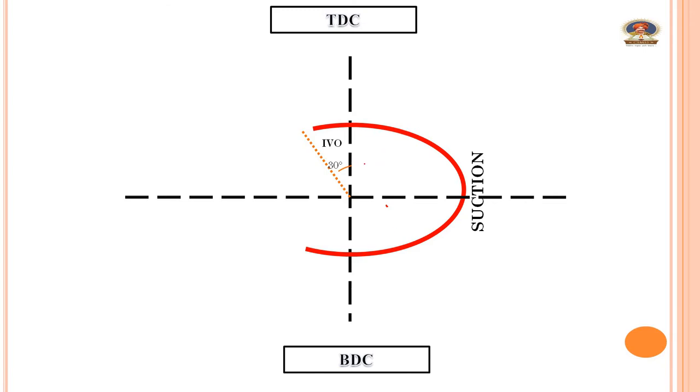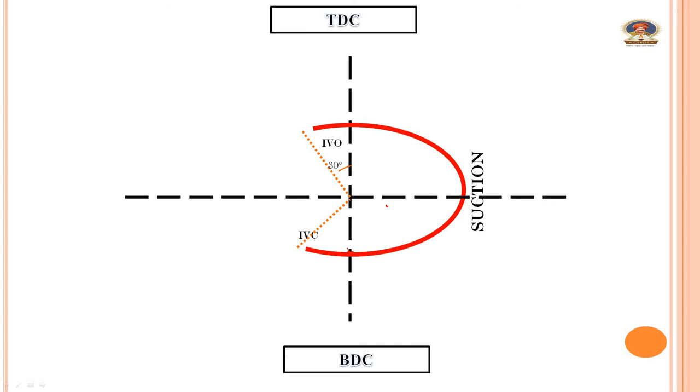And maximum air should be sucked during the suction stroke. That's why we have to keep the inlet valve open for some further time after the end of the suction stroke. Why?